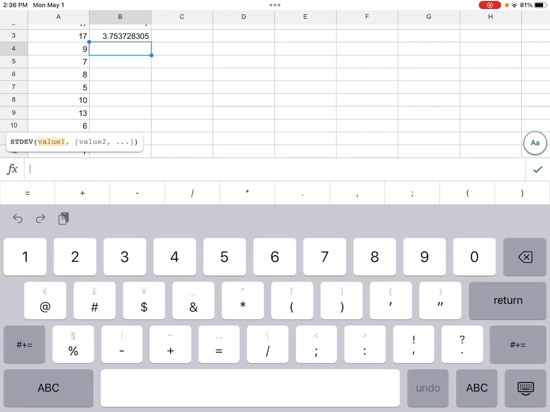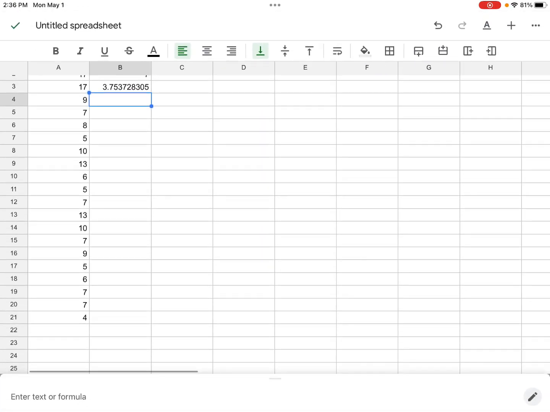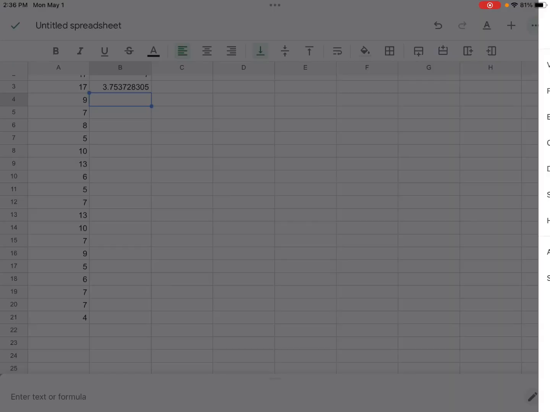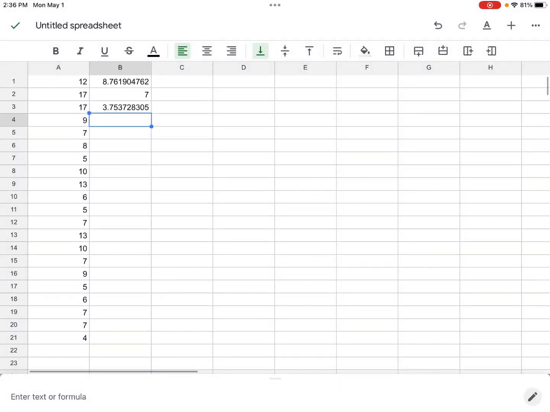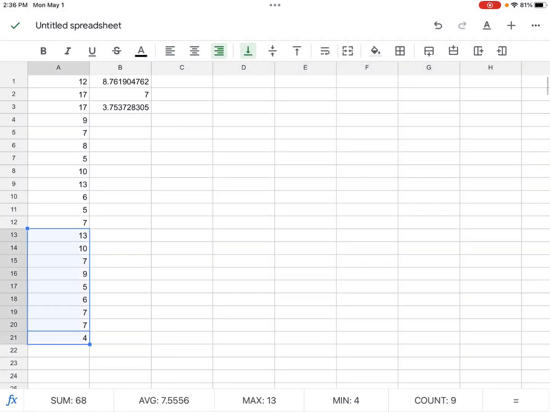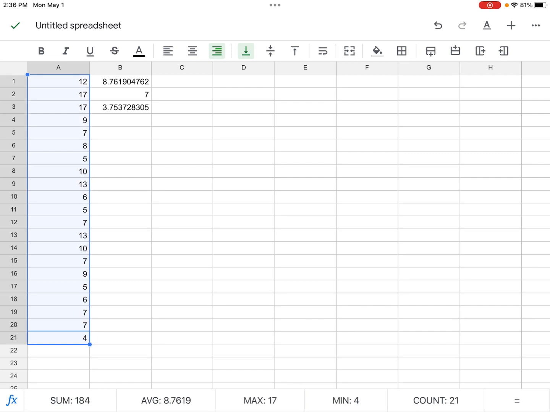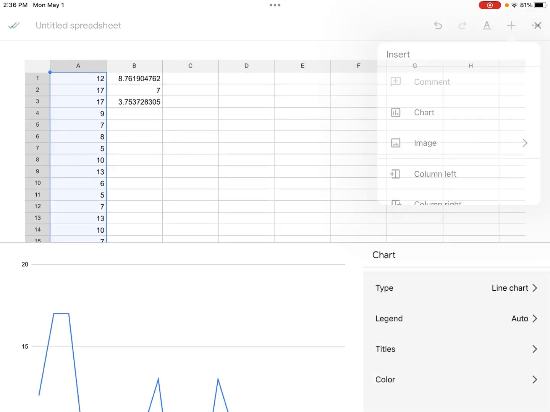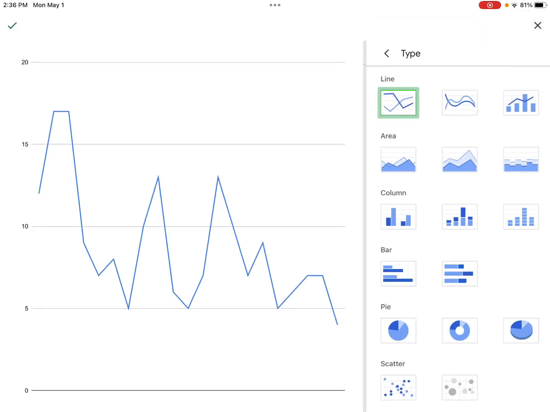And obviously I don't have a picture here, and this is the unfortunate part, I don't think it's going to let me insert a graph. But you can, right? Ah, there it is, chart. I want a column chart.